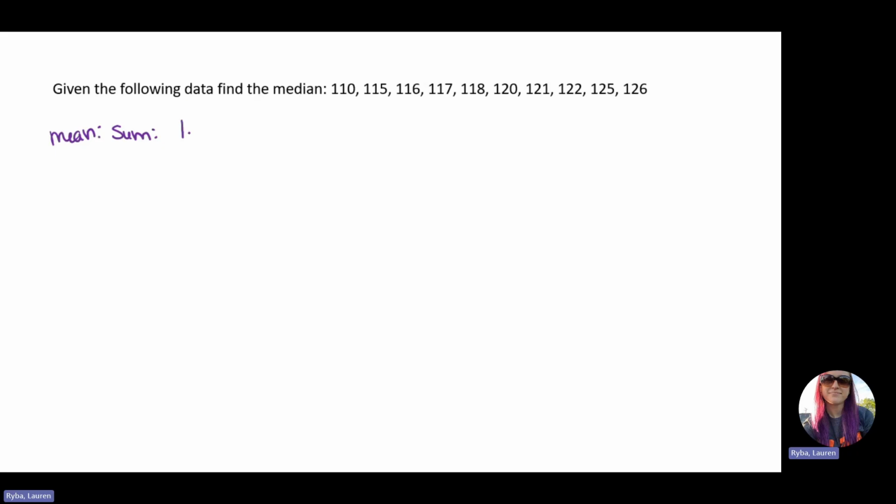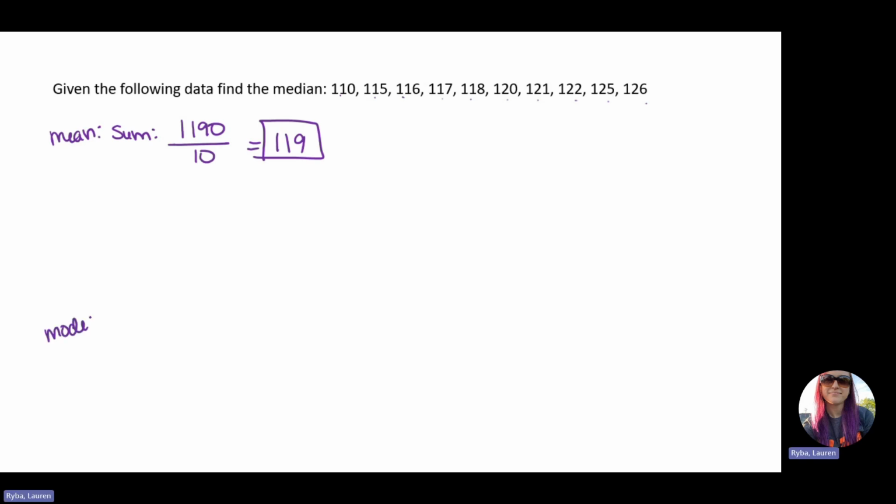So I have a sum of 1,190. And then I'm going to divide that by 1, 2, 3, 4, 5, 6, 7, 8, 9, 10. I have 10 pieces. So 119 is my arithmetic average.